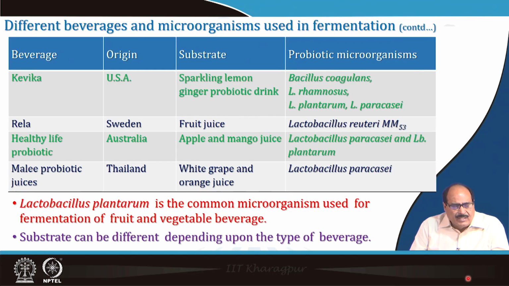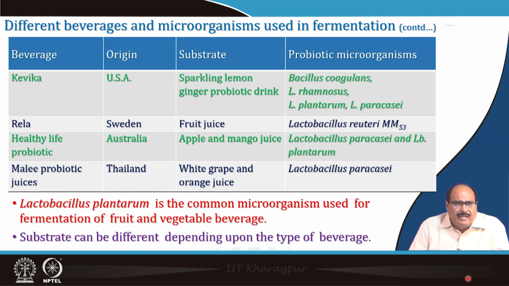In the USA again, Kevita is a beverage prepared as a sparkling lemon or ginger probiotic drink. Here Lactobacillus rhamnosus, Bacillus coagulans, L. plantarum, L. paracasei are the microorganisms. In Sweden, there is Rela, prepared from fruit juices with Lactobacillus reuteri. Then in Australia, Healthy Life probiotic is made from apple and mango juices, with Lactobacillus paracasei or Lactobacillus plantarum used.